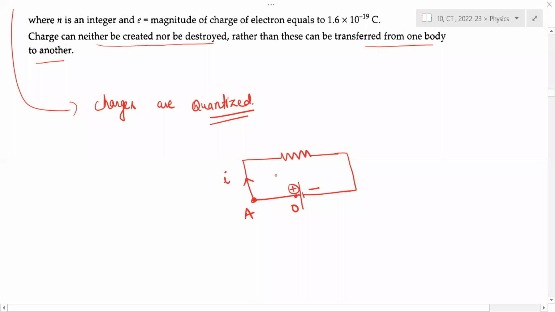Please reply to me privately. My electric current is moving in this direction, right? Always from positive it comes out. So will the movement of electrons be from O to A or A to O?